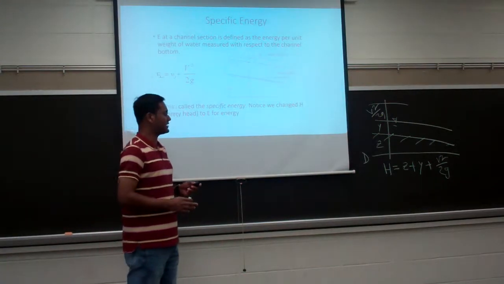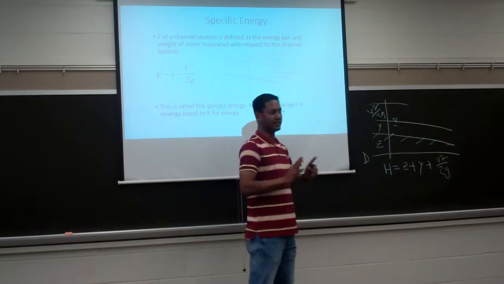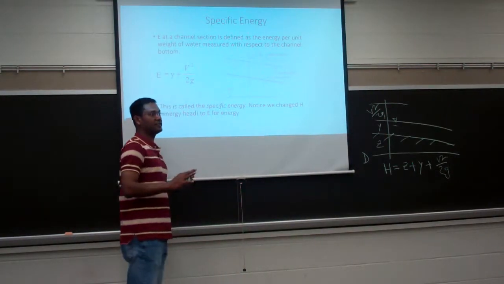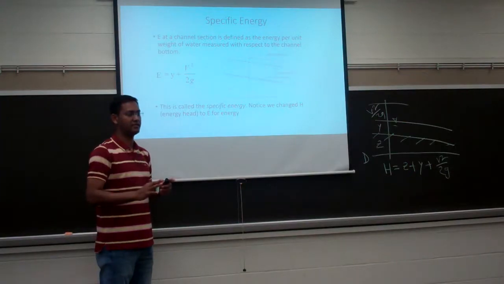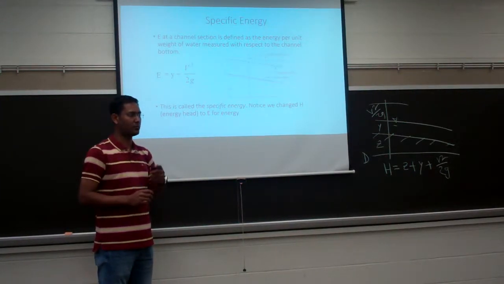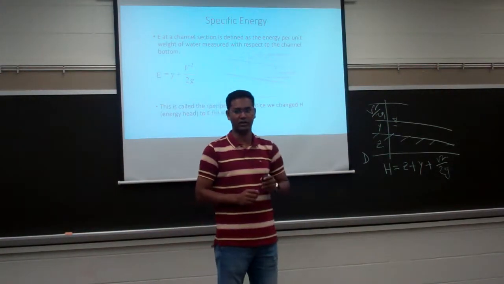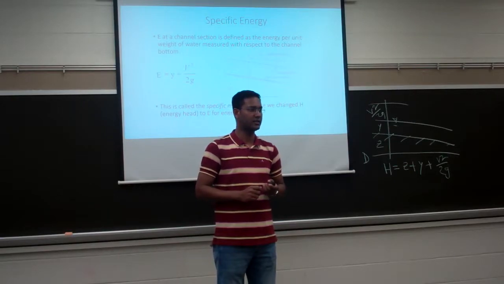So for specific energy, the equation is the same, but we have to modify it a little bit. So the definition is the energy which is measured with respect to the channel bottom. More specifically, specific energy is defined as the energy per unit weight of water measured with respect to the channel bottom.